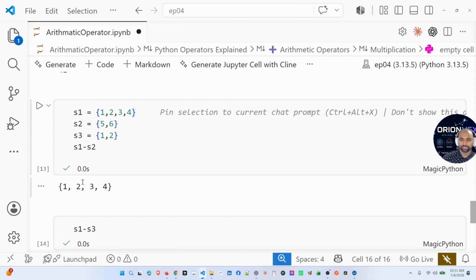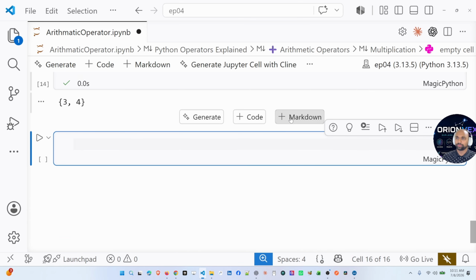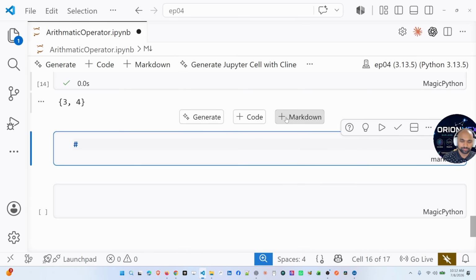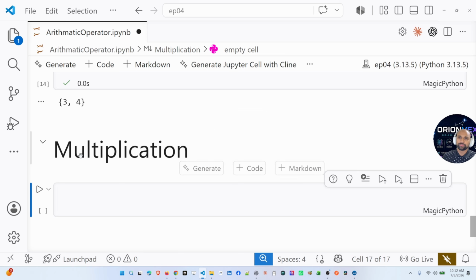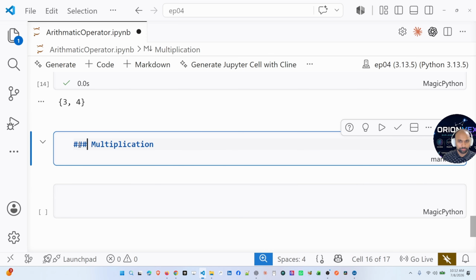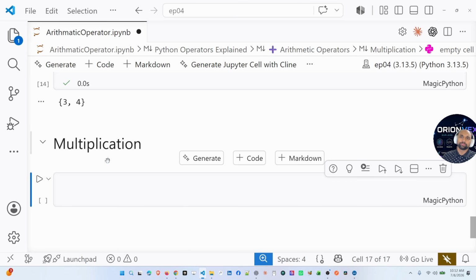Let's go ahead and see the third one, which is the division. Sorry, division, not the multiplication.